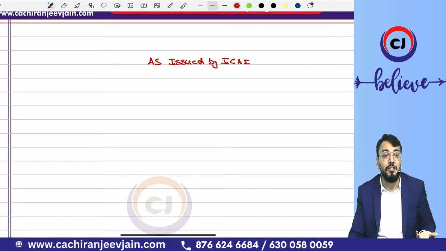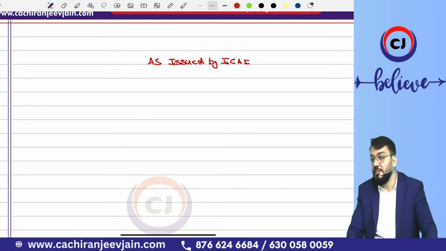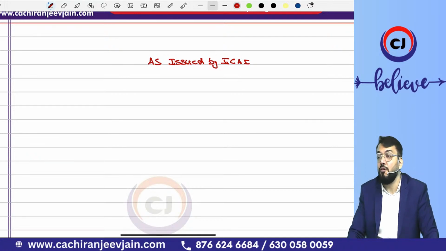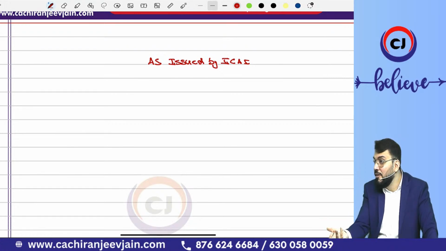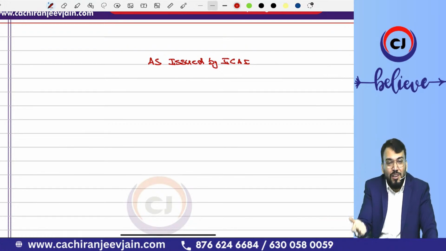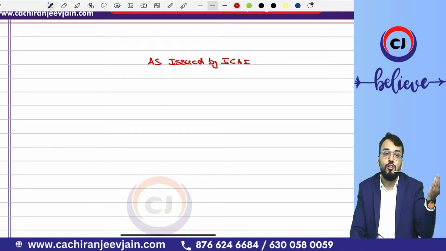But which accounting standard? A special power was given to the central government to form accounting standards. But the central government has no time for forming accounting standards. So ICAI started developing accounting standards, and that became acceptable to everyone.